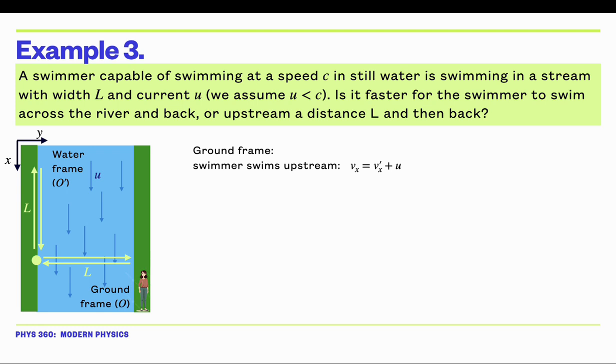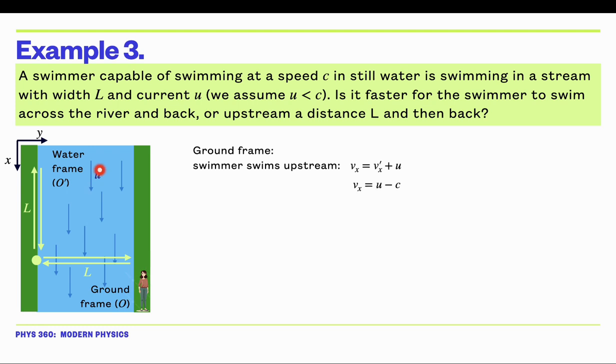Okay, so let's look at the motion of the swimmer as they swim upstream against the current, so in the negative x direction, from the point of view of someone on the ground. So the velocity of the swimmer relative to someone on the ground is going to be the velocity of the swimmer relative to the water, that's what Vx prime is, plus the velocity of the water itself.